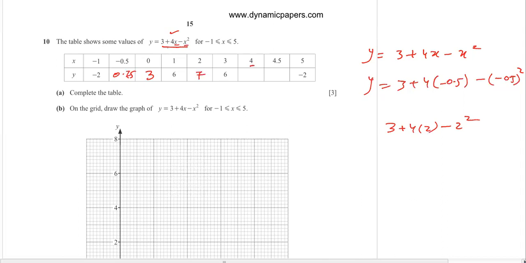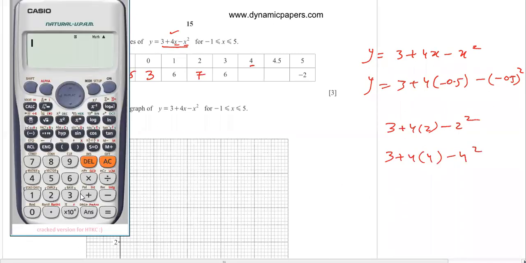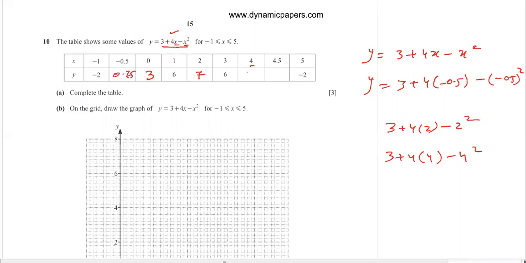Then for 4 it is missing. So in place of x write 4. 3 plus 4 into 4 minus 4 square. I think it will be 3. Let's check. Yes, it is 3. Then check for 4.5, because this box is also missing.